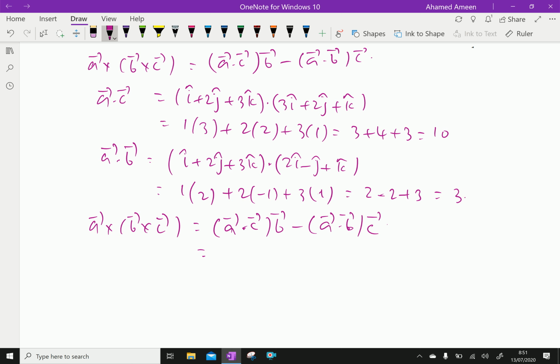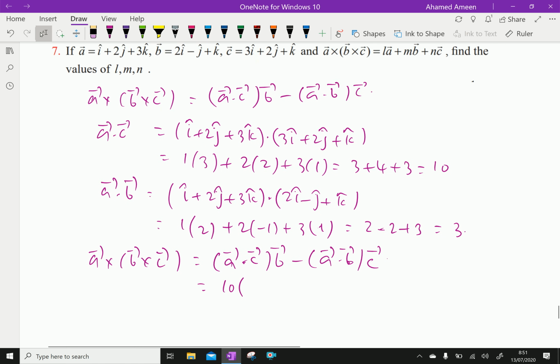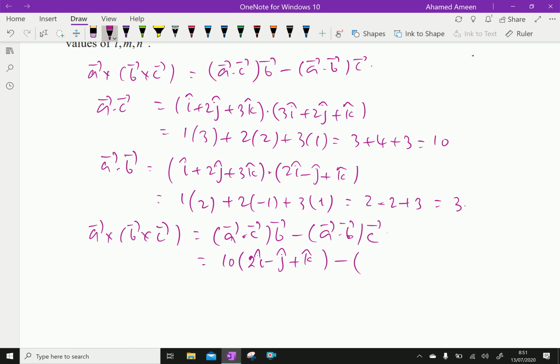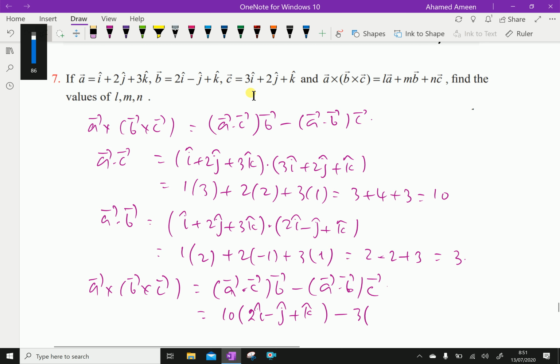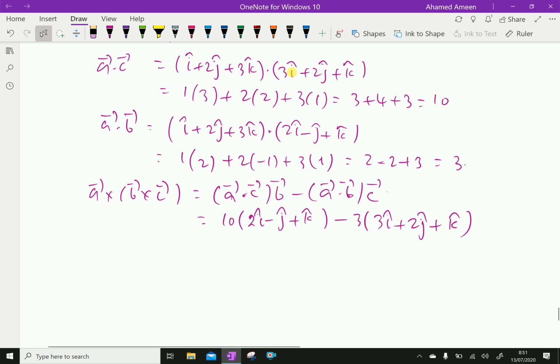A dot C is 10 into B. Vector B is 2i minus j plus k, minus A dot B, which is 3, into vector C, which is 3i plus 2j plus 1k.